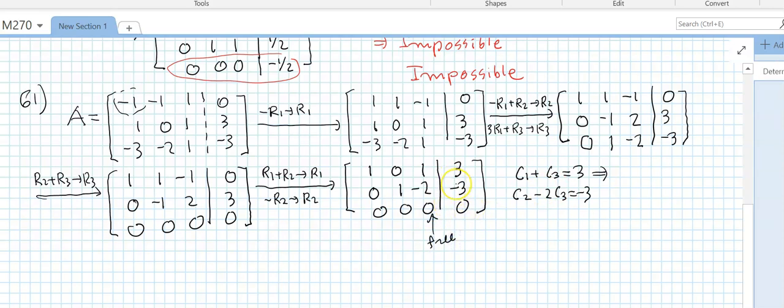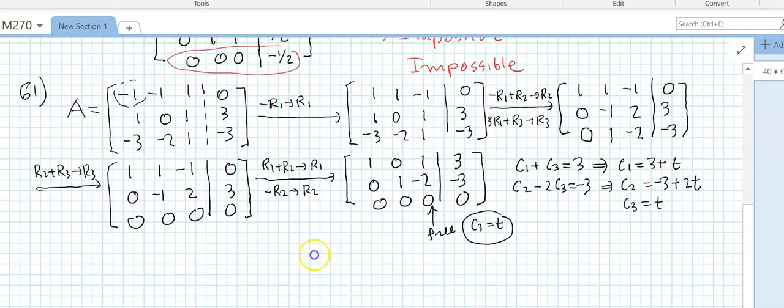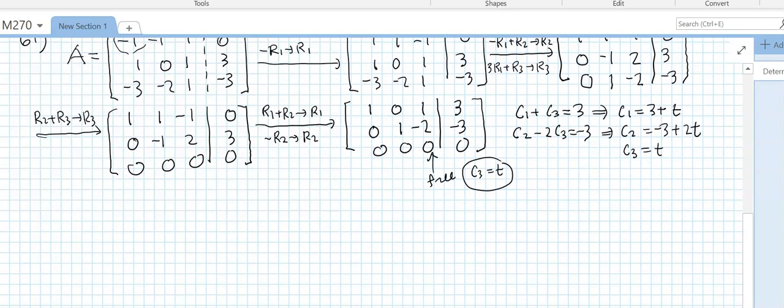So I'm going to say C3 equals T. Then C1 is 3 minus T, and C2 equals -3 plus 2T, and C3 is T. So we have infinite solutions, infinite choices.